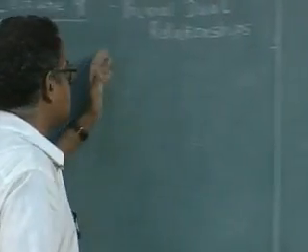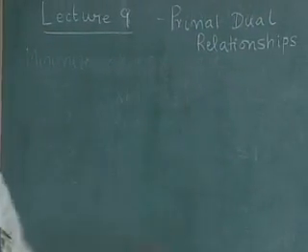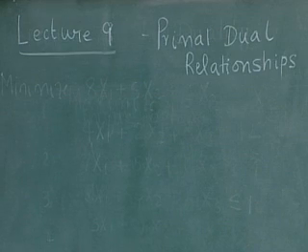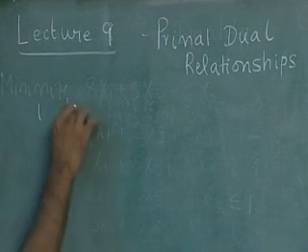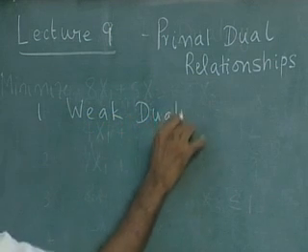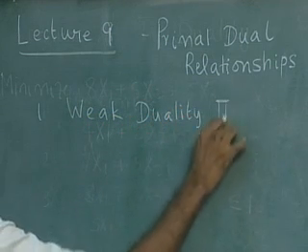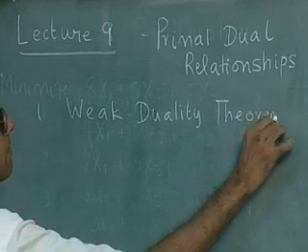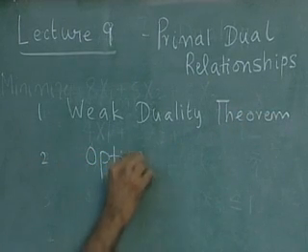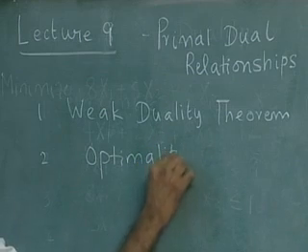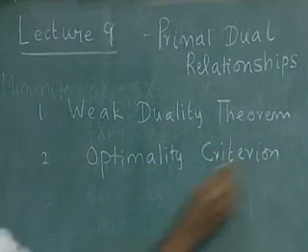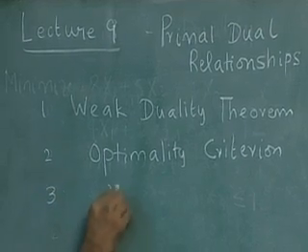In this lecture, we will continue our discussion on the primal dual relationships. We look at three important theorems, which are called the weak duality theorem, the optimality criterion theorem, and the main duality theorem.